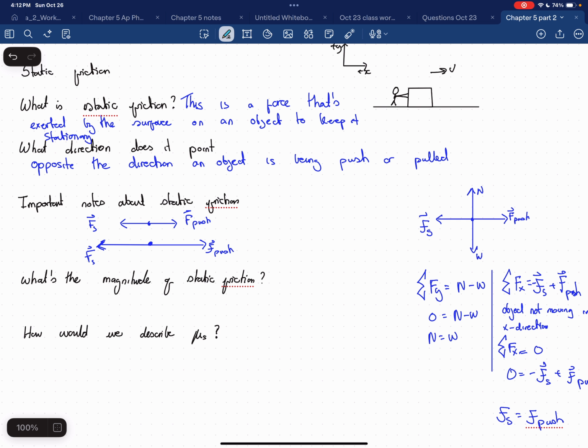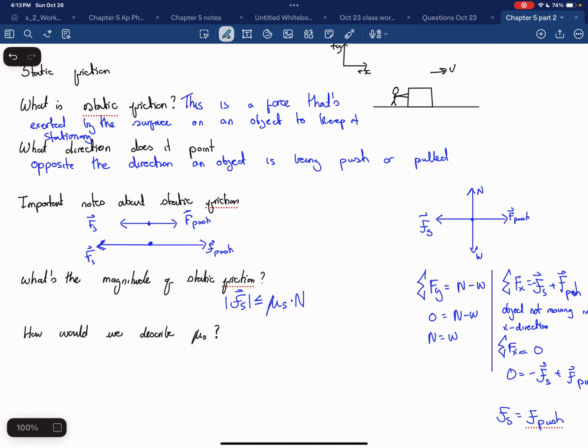I'm about to write a formula we haven't seen yet: the magnitude of static friction, |f_s|, is less than or equal to mu sub s times the normal force. That's our magnitude of static friction. Mu is a Greek letter, a coefficient. It's the coefficient of static friction.